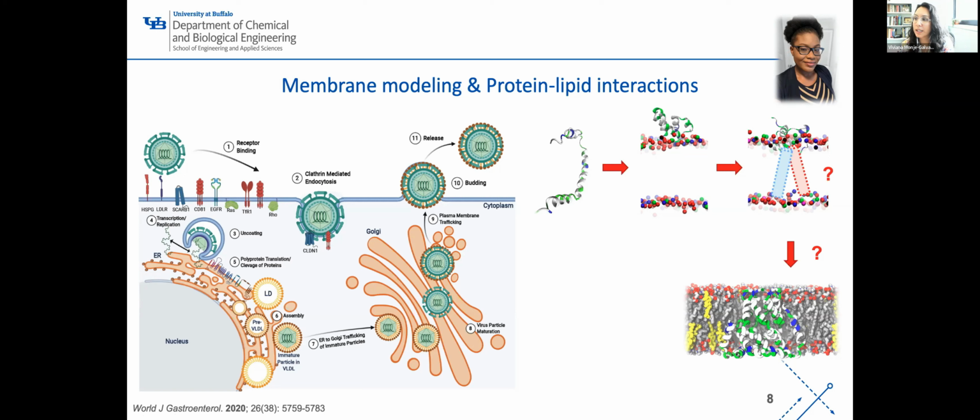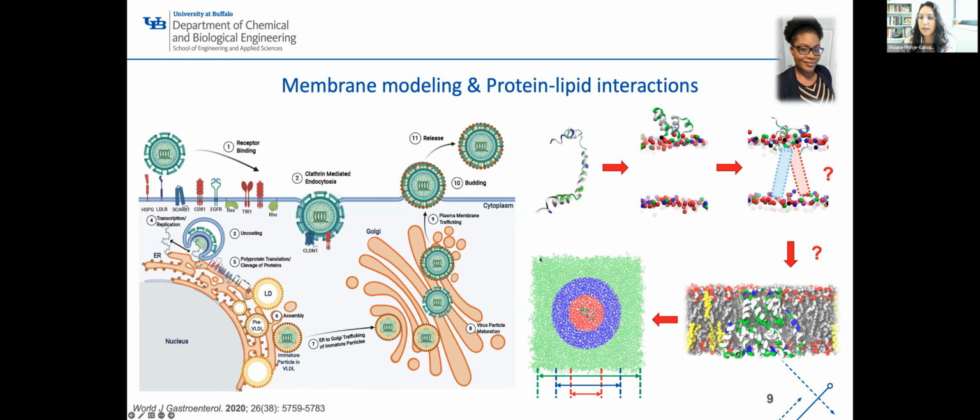What we want to characterize with simulation is what those changes are in the very local environment of the membrane around this protein when the protein binds, inserts, and then oligomerizes, and what could be the long-term changes that affect the dynamics of lipid droplets and fat storage and management in the cell.